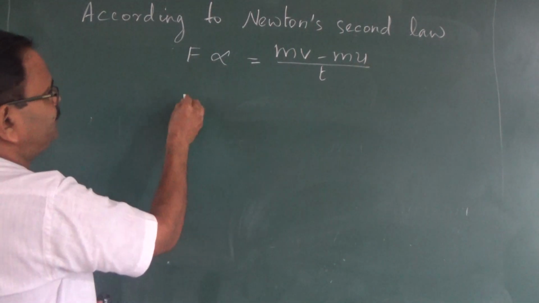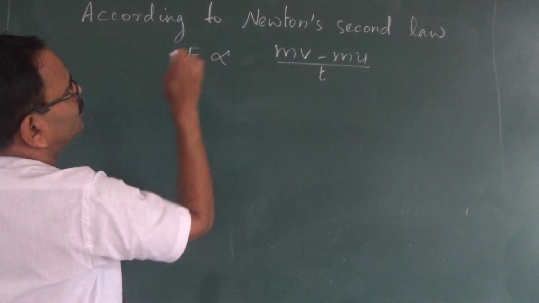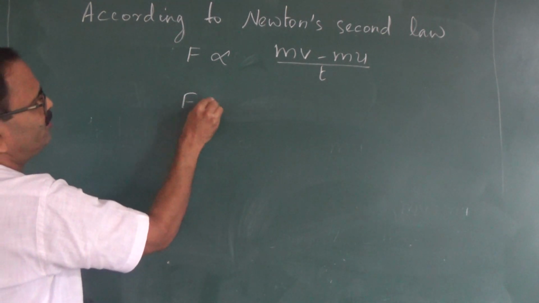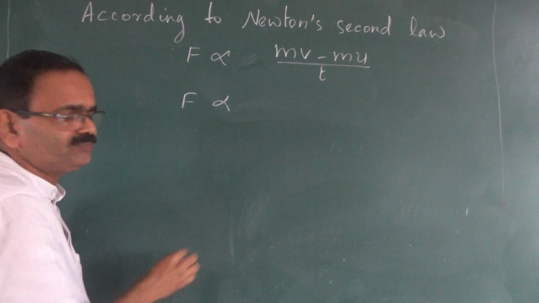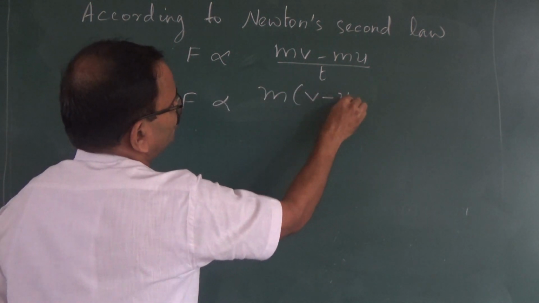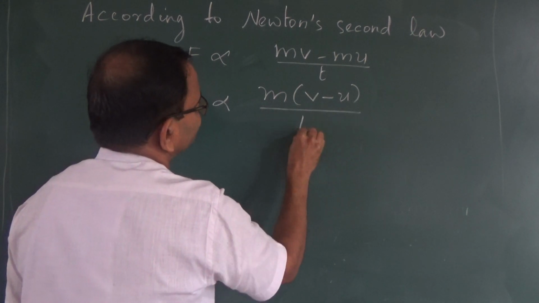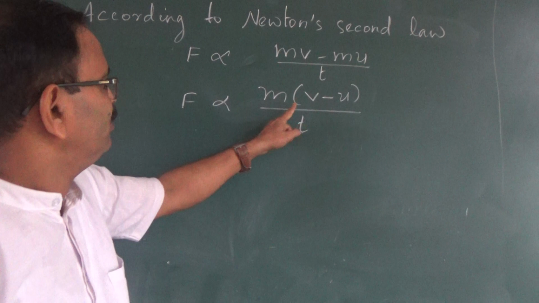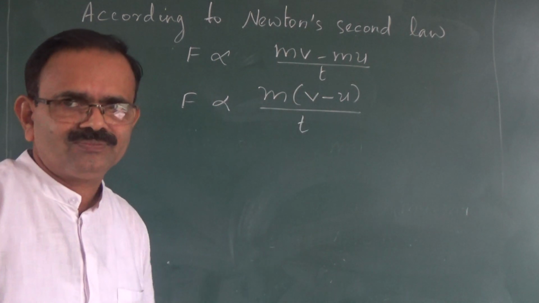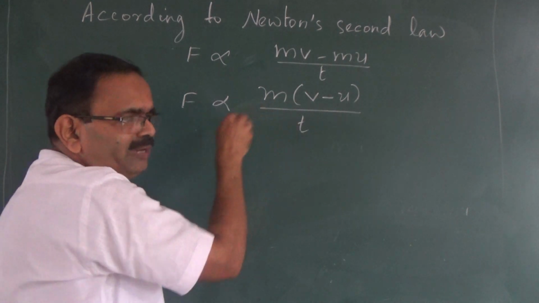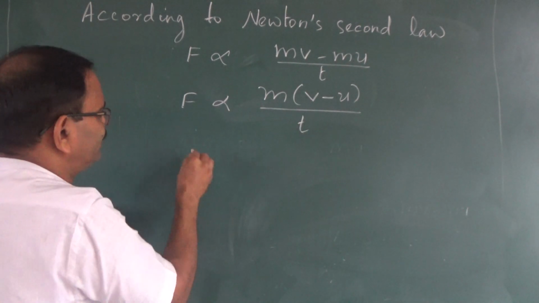Taking m as common, F is proportional to m into v minus u by t. We know v minus u by t is the acceleration a.